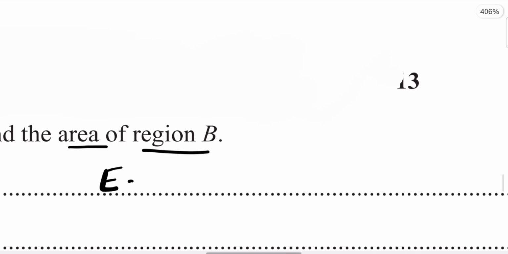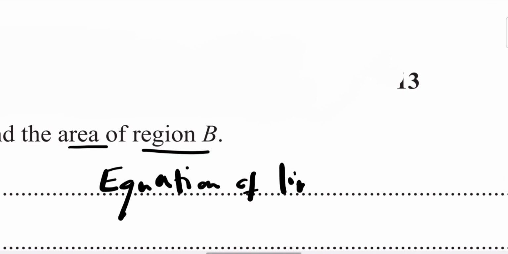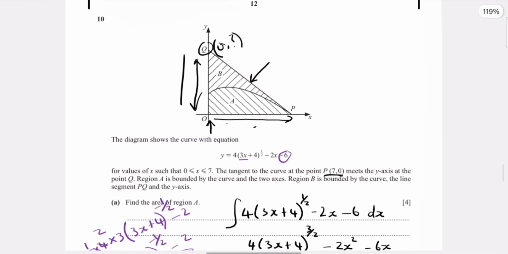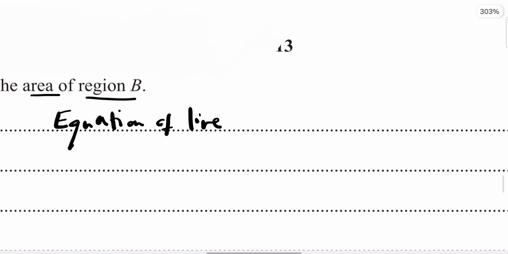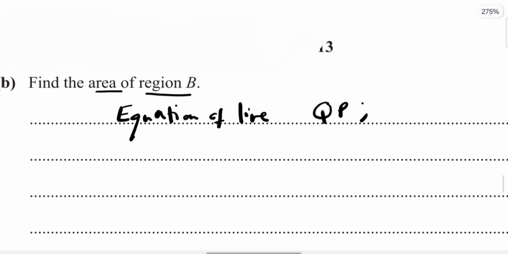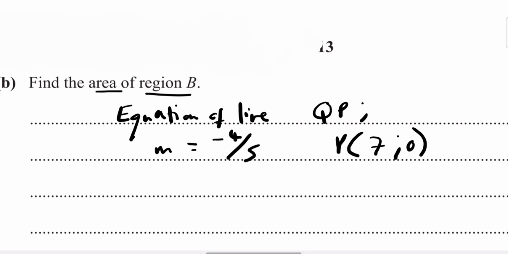So the equation of line QP, we say m is equal to minus 4 over 5 and P is (7, 0), right?